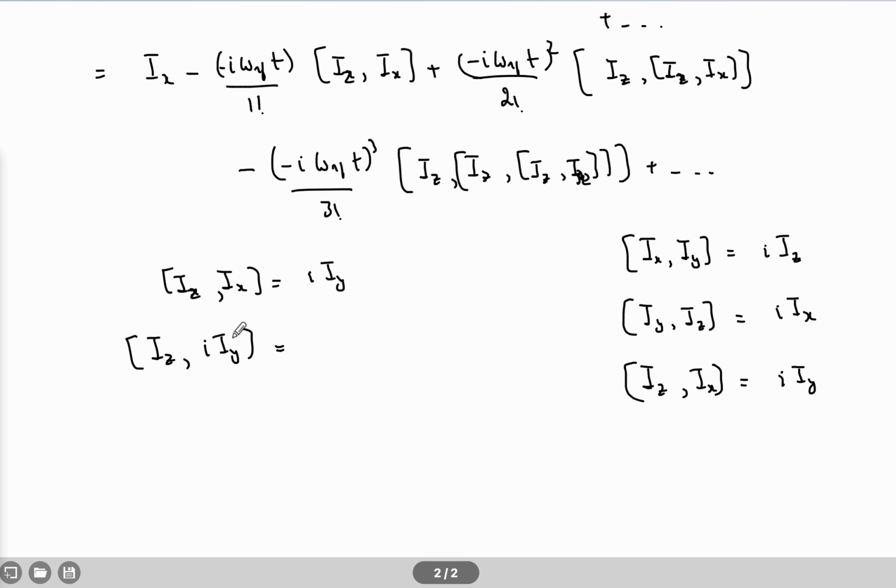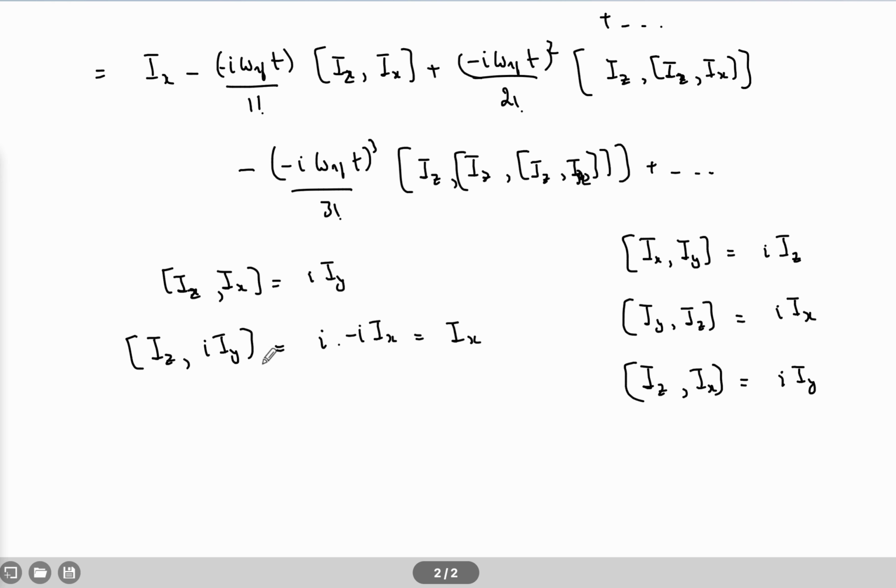So I will have [Iz, Iy], which is the negative of this, so I will have minus i Ix. So i squared is negative 1, into negative will be positive, so you will have the Ix term.